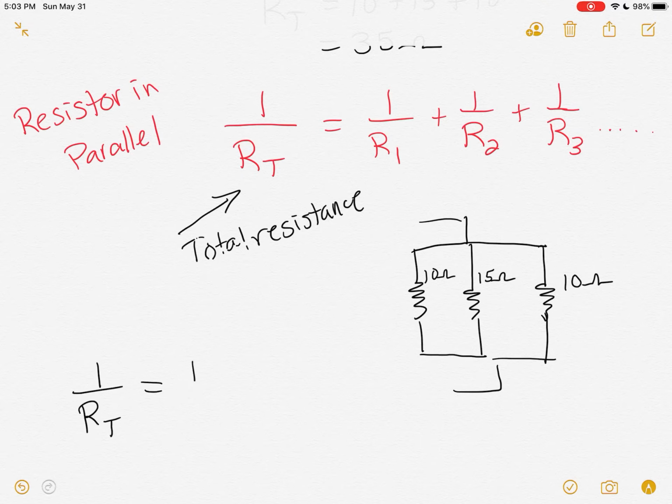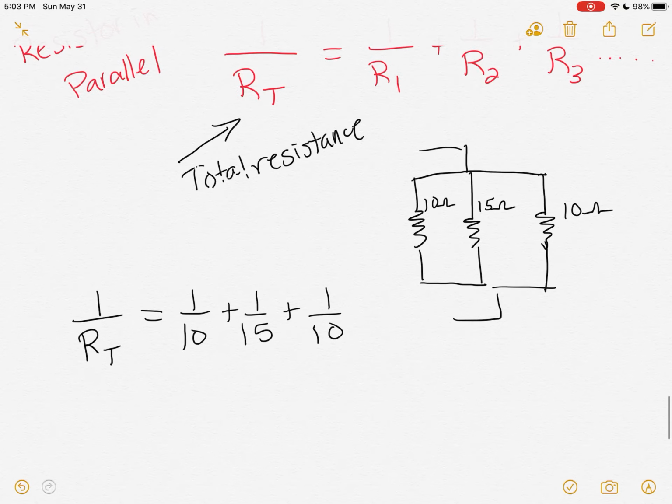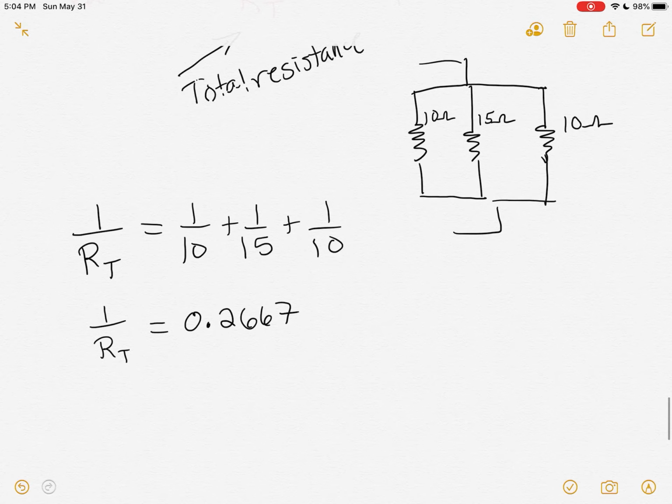So 1 over RT is equal to 1 over 10 plus 1 over 15 plus 1 over 10. The first thing I would do is all of the math on the right: 1 divided by 10 plus 1 divided by 15 plus 1 divided by 10, which gives us 0.2667. Now we need to rearrange and cross multiply to figure out our RT.